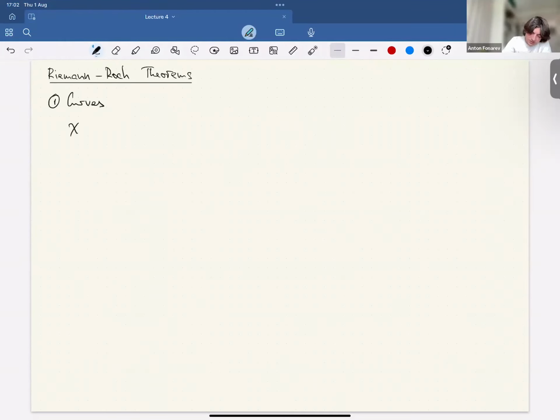This characteristic is chi of any quasi-coherent sheaf E: we can take the alternating sum of the dimensions of H^i on X of E. Here I assume that X is projective and E is coherent. You can think of a locally free sheaf. This is what we're mostly interested in.